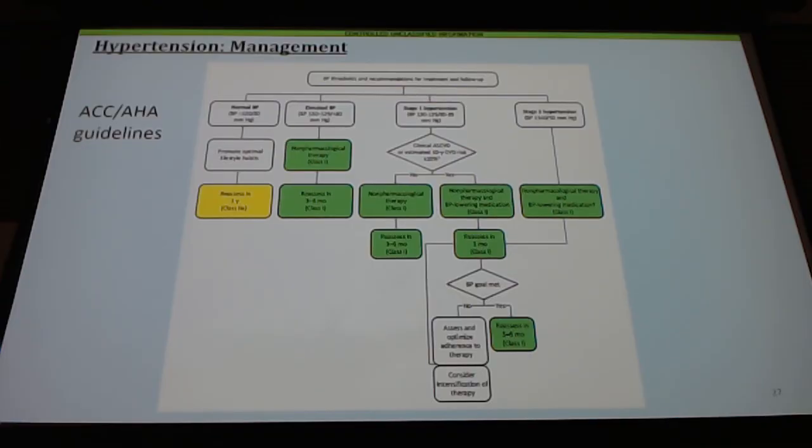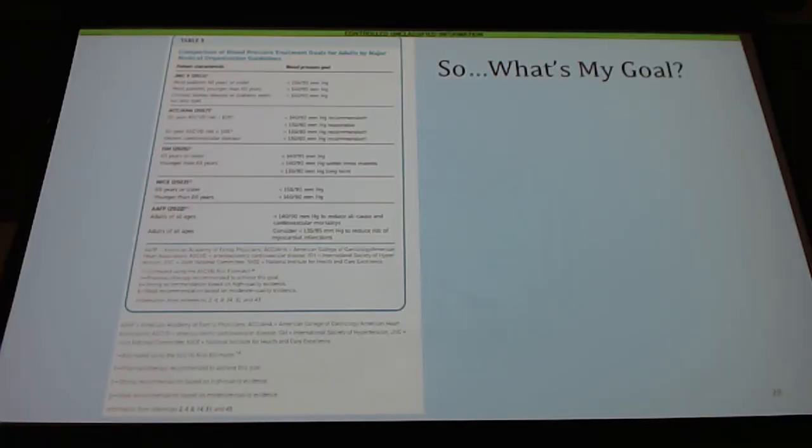So now that we've discussed the diagnosis of essential hypertension, how do we manage it? Well, first of all, you've got to know what your goal is, because when we look at the different societies, the definition and the goals are going to be very different depending on your patient.